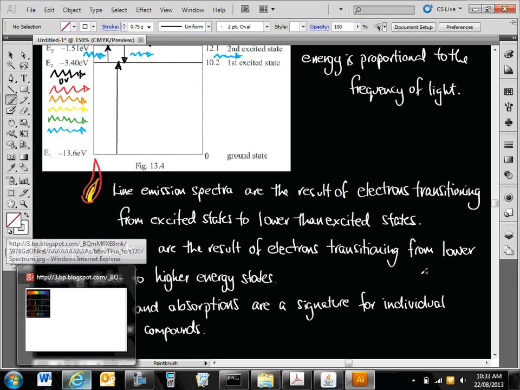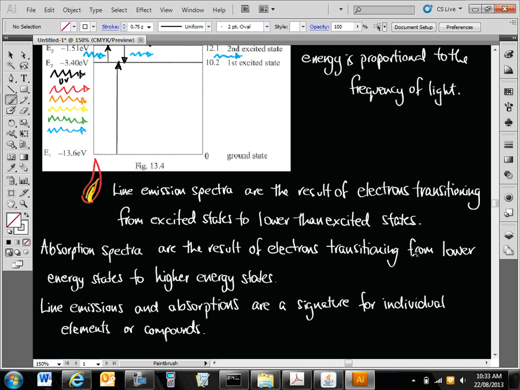So this is very useful, very useful in spectral analysis.